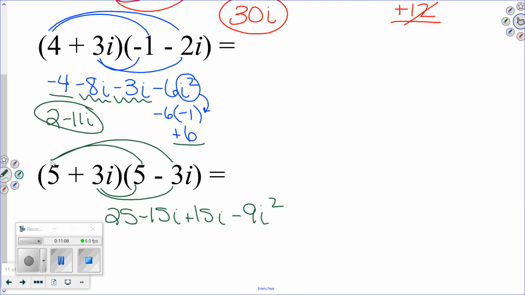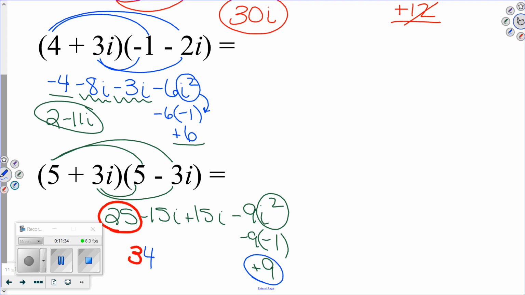So right away I see the i squared. I know i squared is what? Negative 1. All right, so that makes that a positive 9. So when I put like terms together, 25 plus 9 is 34.